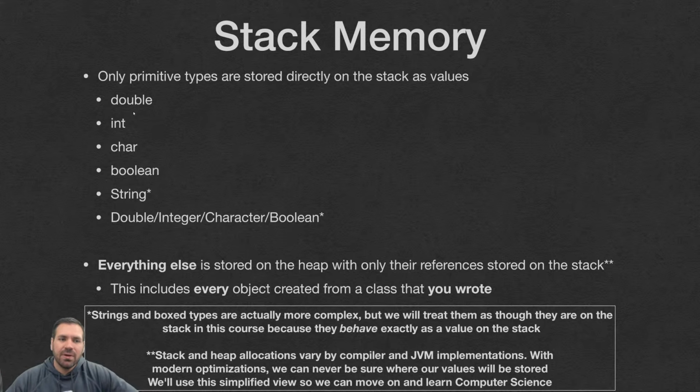So in Java, in 116 at least, there's a few others, but in Java, all of our primitive types are going to be stored directly by value. That's double with a lowercase d, int with a lowercase i, boolean with a lowercase b, char with a lowercase c, but I don't think we use this in any of our examples or problem sets at the moment.